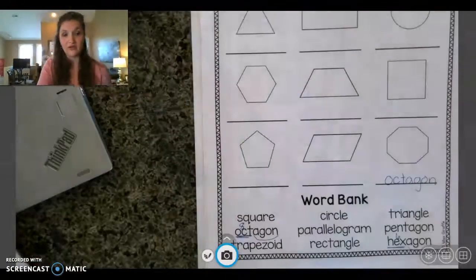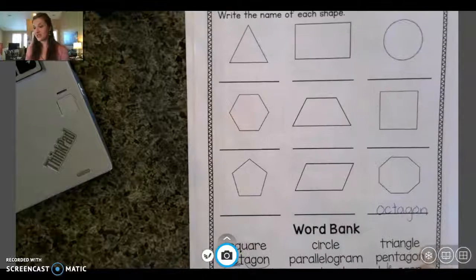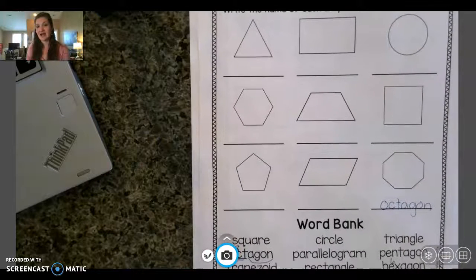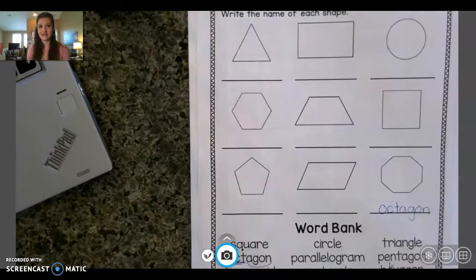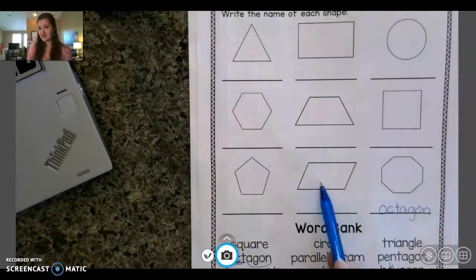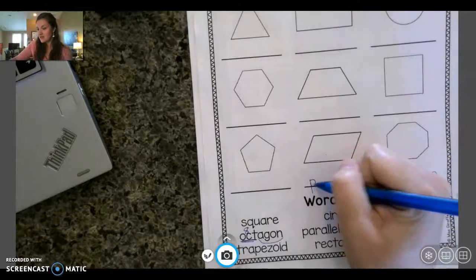Okay, so looking at these shapes, do you see which one has lines that are paired up with a buddy going the same direction but isn't just a rectangle or a square? This one. Okay, so that is a parallelogram.